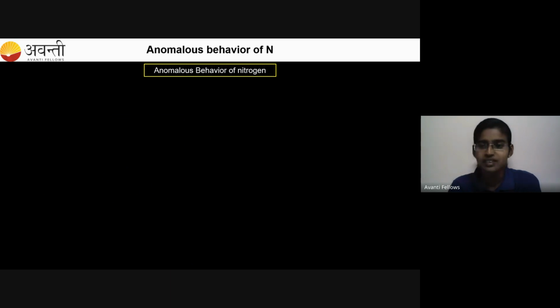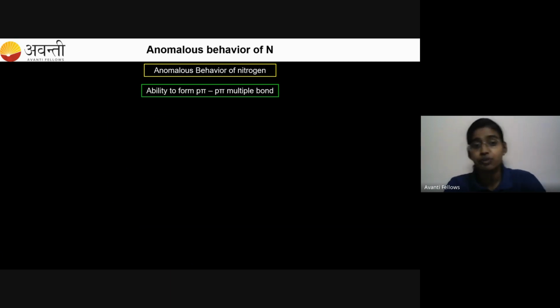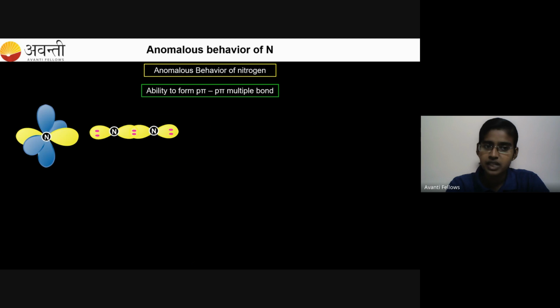Okay, fine. So the next property is the ability to form p pi p pi bond. Only d pi p pi is not possible, but p pi p pi is possible for nitrogen. You can see from the given diagram. Here is the nitrogen. Nitrogen is having 3 p orbitals. One is px, let me take this yellow color orbital as px, and this is py, and this is pz.